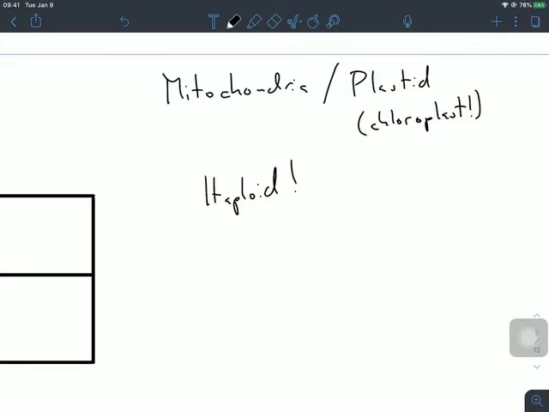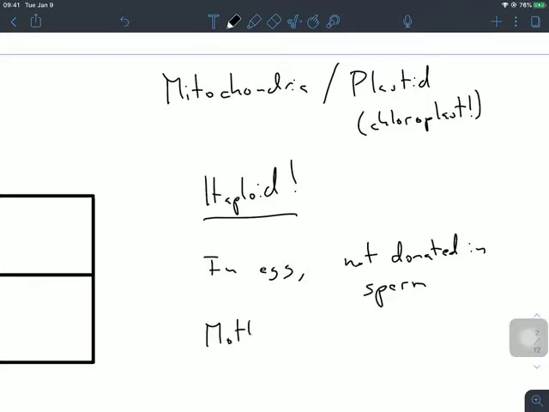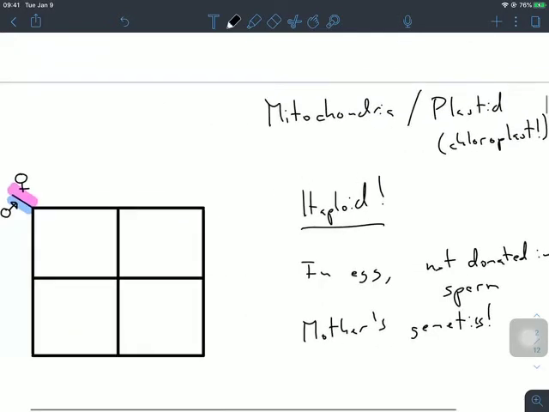Now, when you get your mitochondria as a child, you are only getting them from your mother. Mitochondria are present in the egg. They are not donated from the sperm. This means that not only are you haploid for these, but you only get your mother's genetics for your mitochondria.